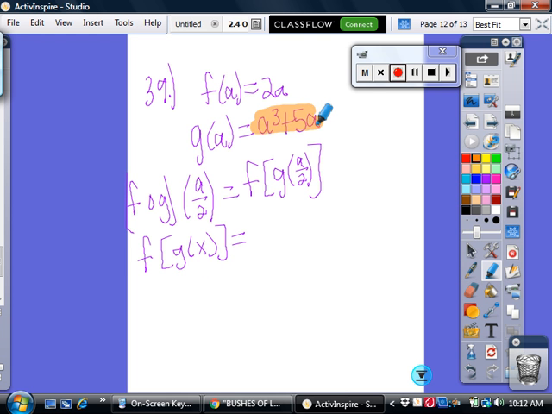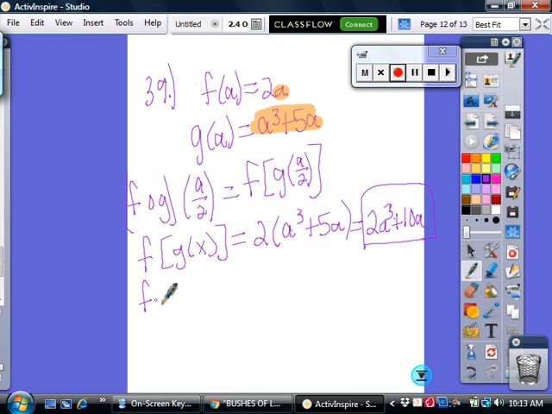What function am I plugging it into? f. So that would be 2 times (a cubed plus 5a), and so f of g is 2a to the 3rd plus 10a. That's the new function, the composite function.